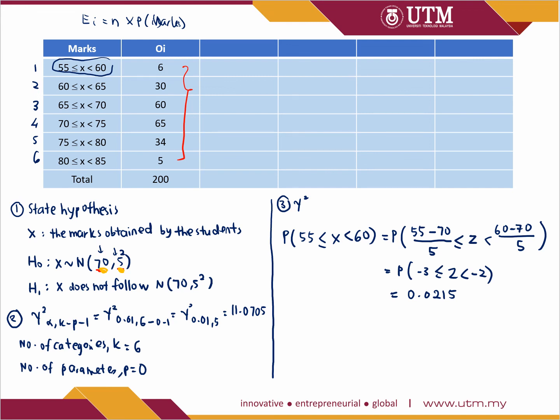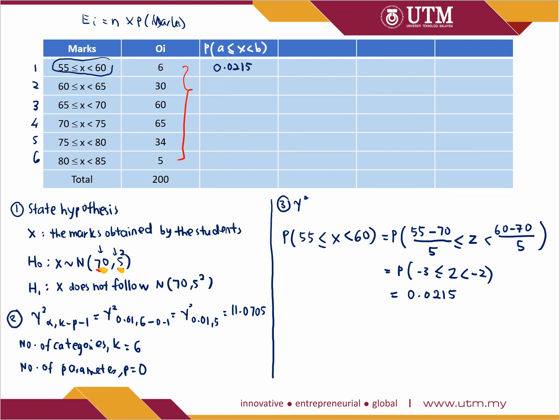Okay, so here I list all the values of the probability of the marks. For the first category, it equals 0.0215.